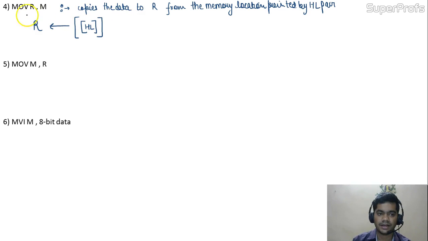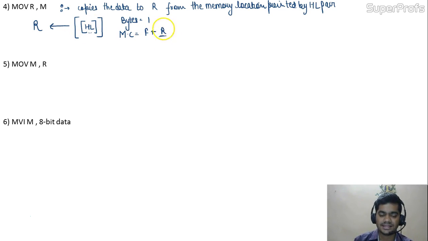In this instruction, the number of bytes of memory stored would be 1, and the machine cycles present would be: the first machine cycle is the fetch operation, and the second machine cycle is the read operation, when it is going to read the address which is stored in the HL pair.